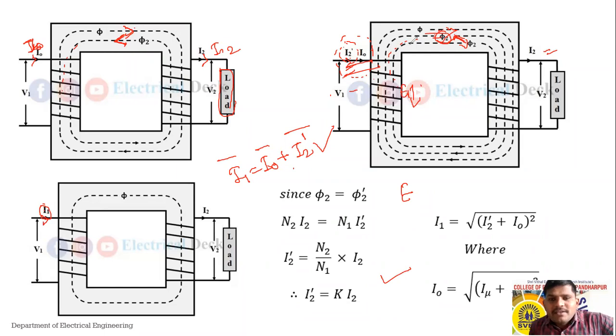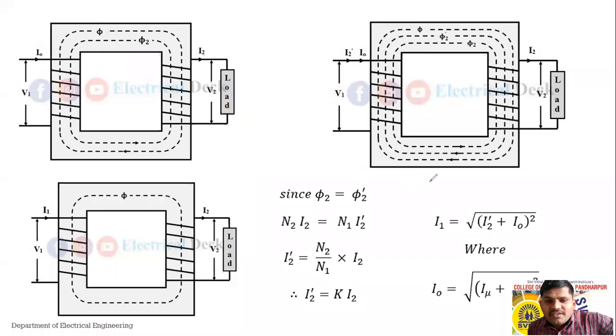Equation derive करायचे. See, the flux phi2 जे आहेत current I2 मुळे सेटअप होत आहेत. So phi2 is the flux produced due to the secondary current, and it can be neutralized by the current flowing from the primary. Primary मधून फ्लो होणाऱ्या करंट ने ते न्यूट्रलाइज होत आहेत. That means it will produce a phi2 dash flux.